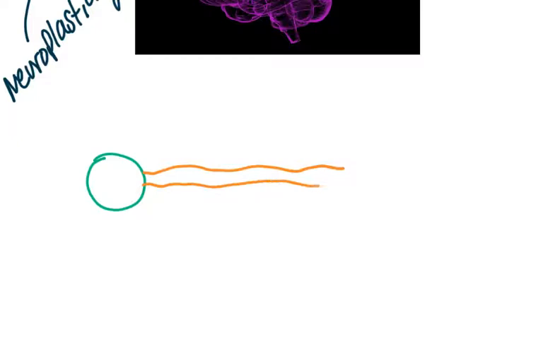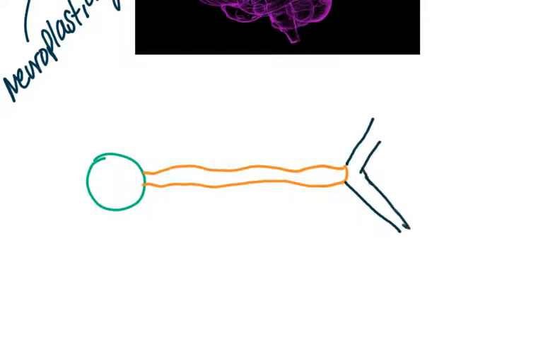Let's draw our neuron again like we've been doing. Remember that we're talking about neurons in our brain that are undergoing neuroplasticity. So let's draw our neuron here, and its axon. I don't know why I drew it curvy like that, but we have the axon going there, and then we have our axon terminal and our synapse.